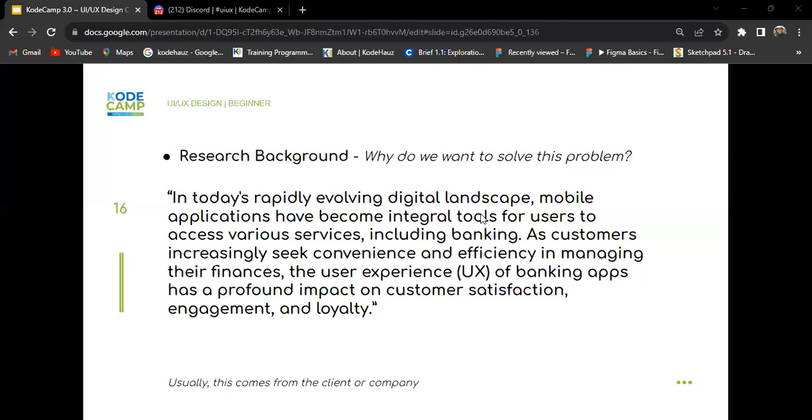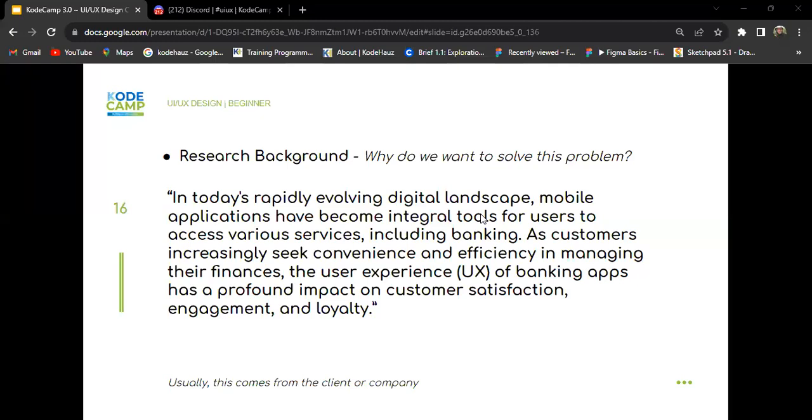In today's rapidly evolving digital landscape, mobile applications have become integral tools for users to access various services, including banking. As customers increasingly seek convenience and efficiency in managing finances, found impact on user satisfaction, engagement, and loyalty. Okay, so this is an example of a research background.